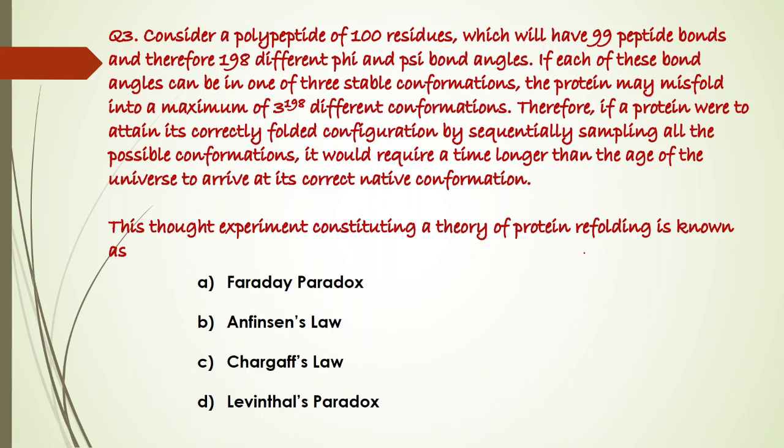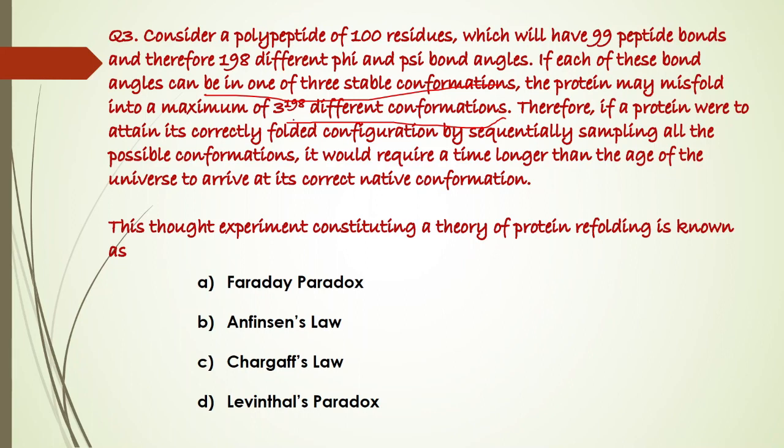Each of these bond angles can take different stable conformations. They say there are 3 stable conformations that each can take, and there are 198 different phi and psi bond angles. So the total number of conformations that we can achieve is 3 to the power 198.